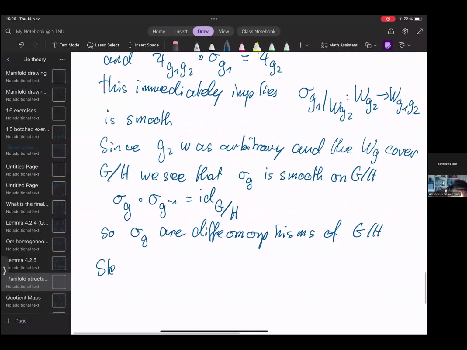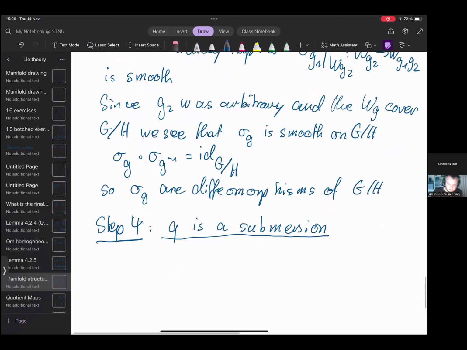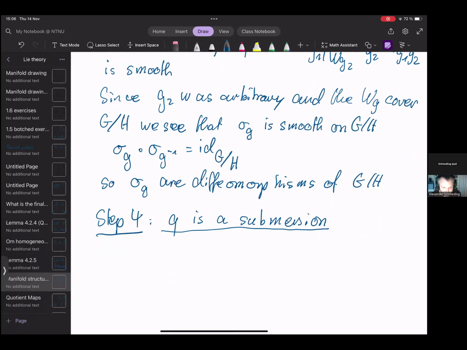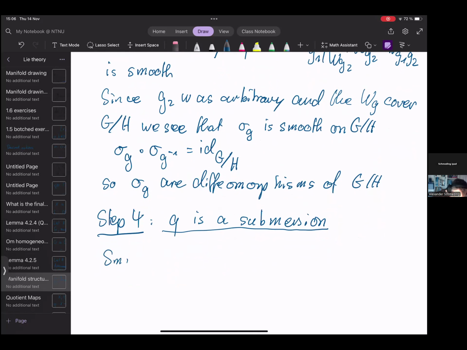And we can use this now for the next step, which actually establishes that Q is a submersion. So the quotient map from the group onto the coset space will turn out, with respect to the manifold structure we just constructed, to be a submersion. First of all, we know already that Q is a nice quotient map, but being a submersion is much stronger. And the first thing we need is smoothness of Q. So smoothness of Q on Q inverse W follows from the following formula.